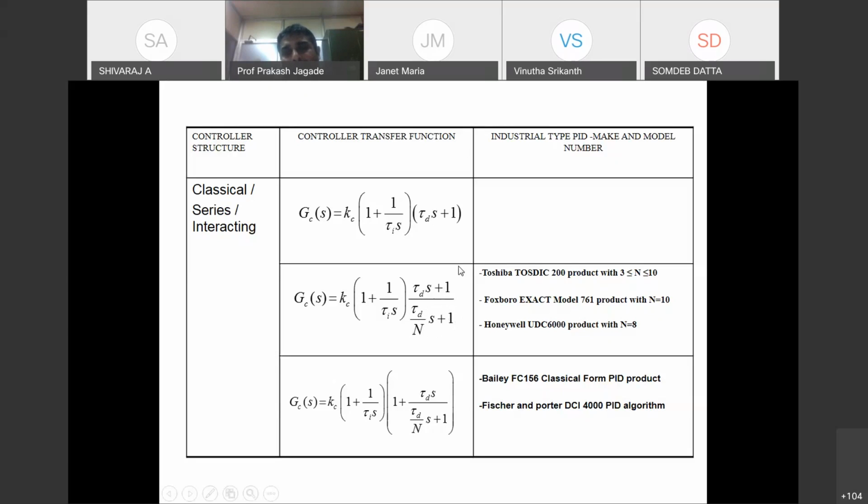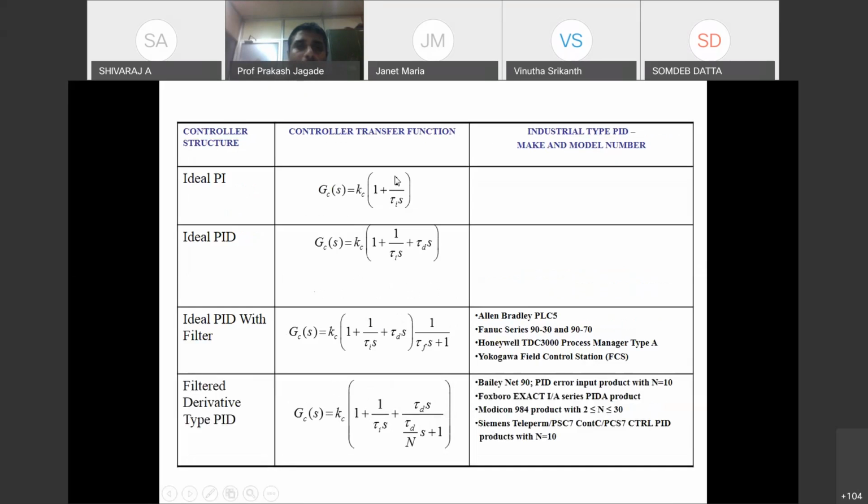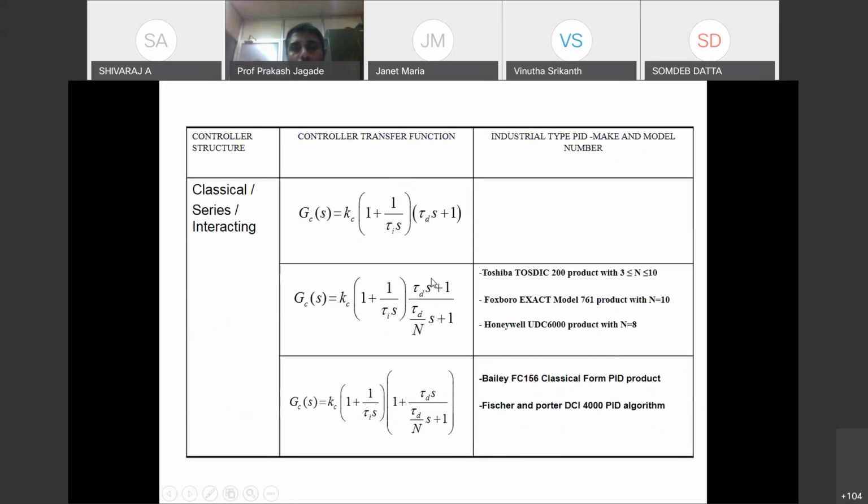So it is a lag-lead filter in series with a PI controller. In the earlier slide, the ideal PI is nothing but Kc into 1 plus 1 by tau i s. By adding a lag-lead filter in series with an ideal PI, a series form has been realized, and this transfer function is physically realizable. It has been converted into an algorithm, and that algorithm has been ported on various processors available in the market.